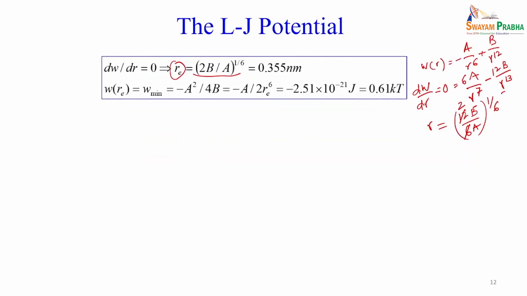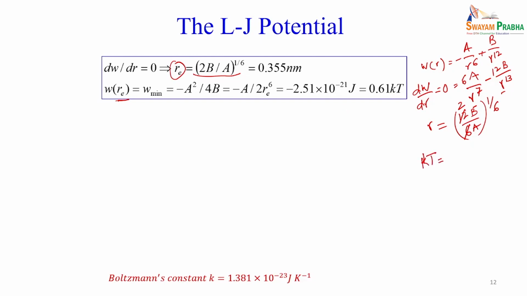Now, once r_e is known, we can calculate W(r_e). In the same function, in place of r we write r_e, and we can calculate the value of W minimum, and it is coming out to be minus 2.51 into 10 to the power minus 21 joule, but it is asked to calculate in terms of kT. kT is the thermal energy.